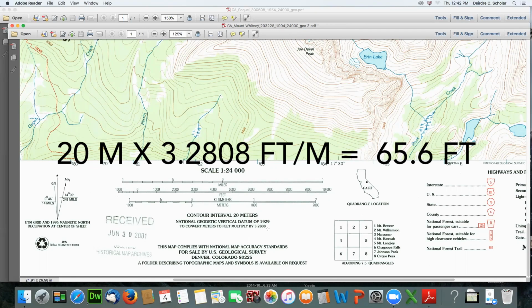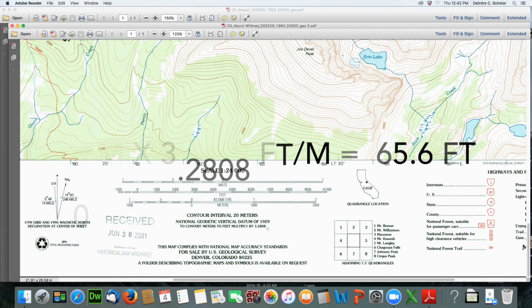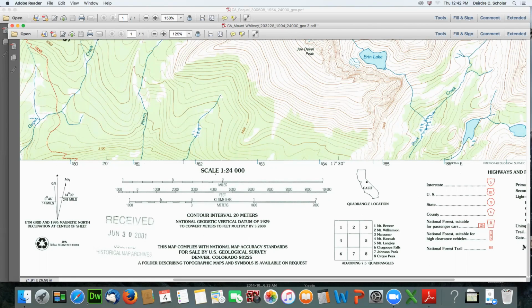So 65.6 feet is the contour interval. Every one of these contour lines represents about 66 feet of elevation change. If you're going uphill, every single line represents 66 feet of increase, or if you're going downhill, you're descending 66 feet with every one of these contour lines.